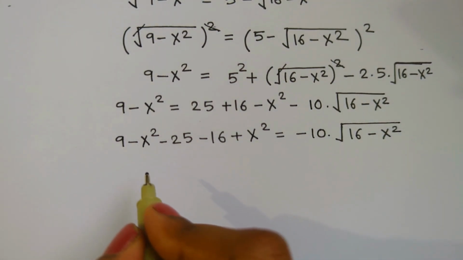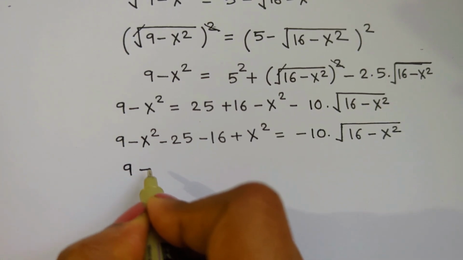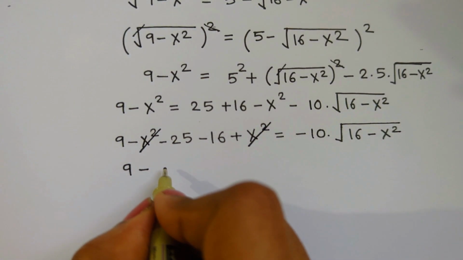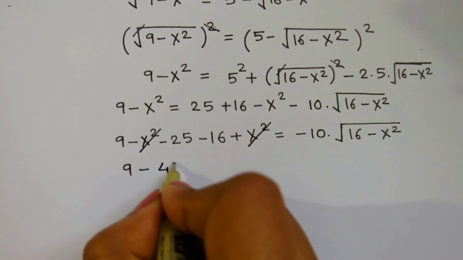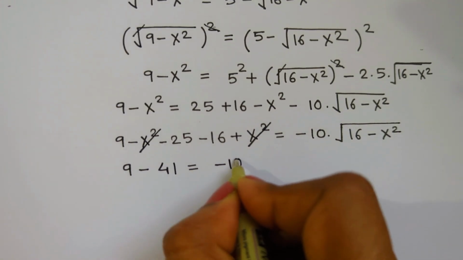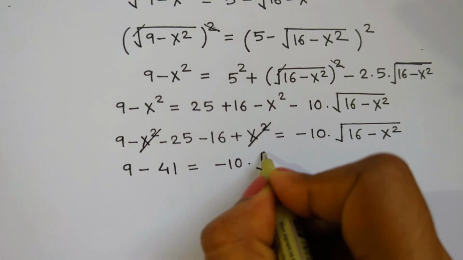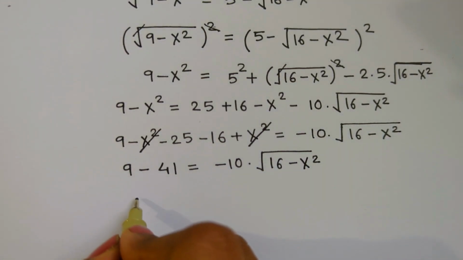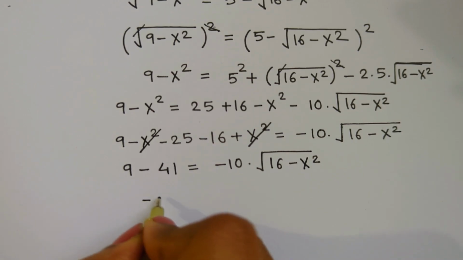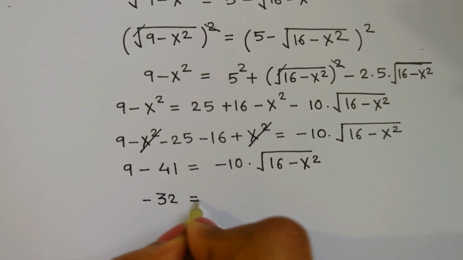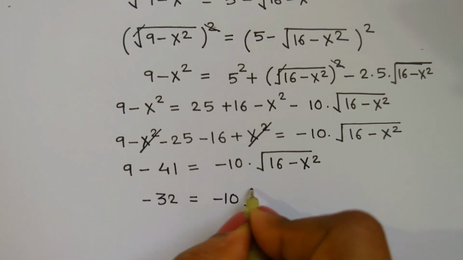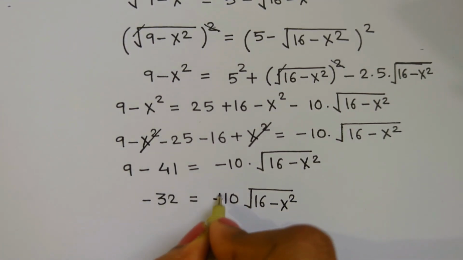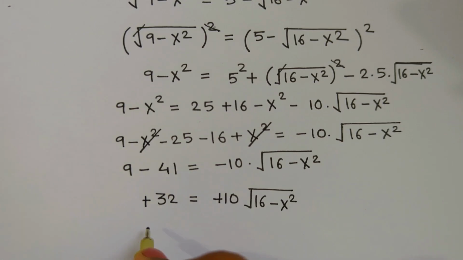Simplifying it further, minus x square and plus x square get cancelled out. 9 minus 25 minus 16 would be minus 41. 9 minus 41 would be minus 32 is equal to minus 10 into square root of 16 minus x square. Minus minus gets cancelled out.